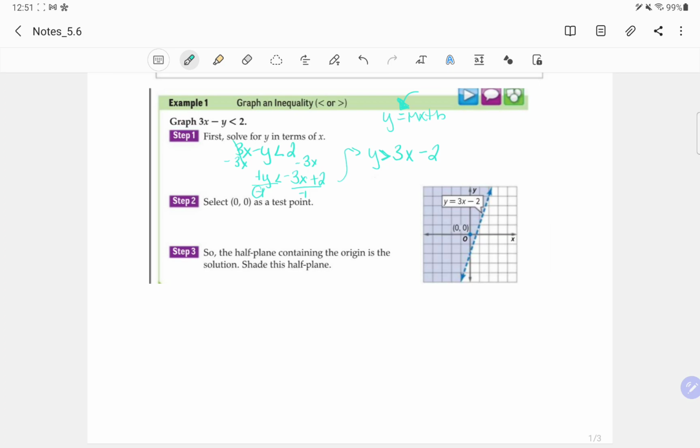So then you would go graph this. Your m is 3, which we always want to be a fraction. So we have 3 over 1 because we want a rise over a run. Our b value is minus 2. The original form is plus 2, so since it's minus 2, it means it's negative 2.